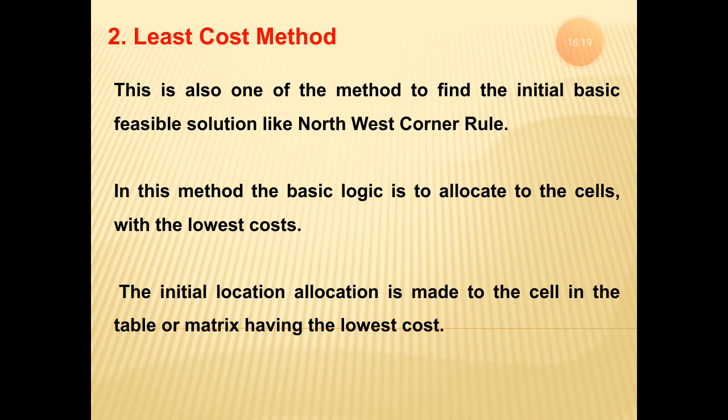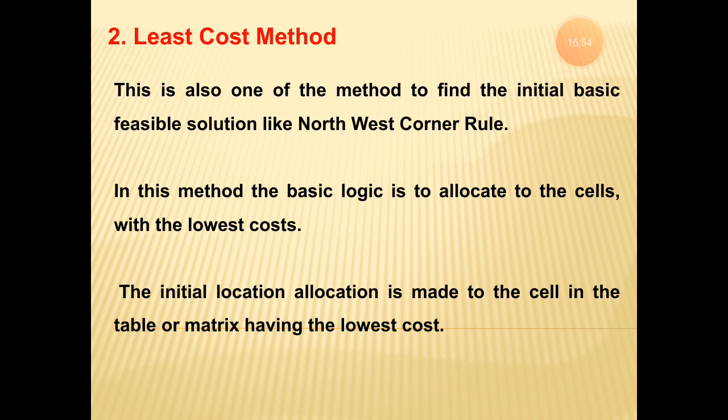If the cell is not unique, then an arbitrary choice of cell can be made for allocation. In this process of allocation, neglect the row or column that is satisfied and has no scope for any more allocation. Continue the process till all the allocations are exhausted.